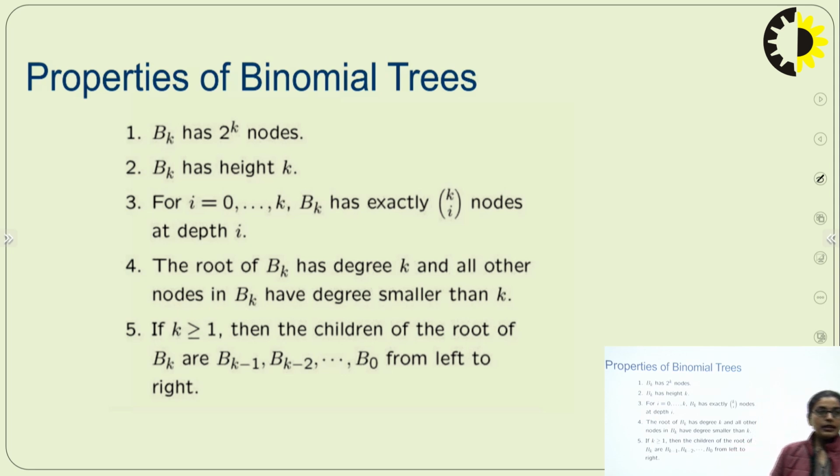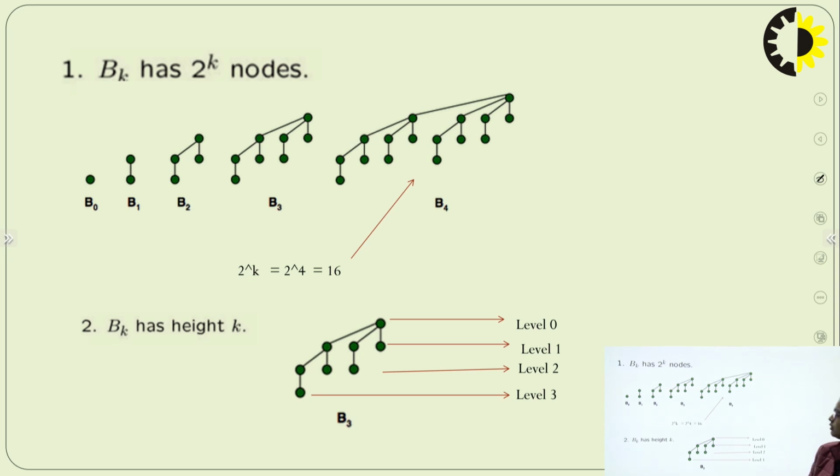Now, let's prove all these five properties one by one. The first property says every Bk has 2 to the power k nodes. If we talk about B4, the binomial tree at the 4th level, then 2 to the power 4, where the value of k is 4, is 16.